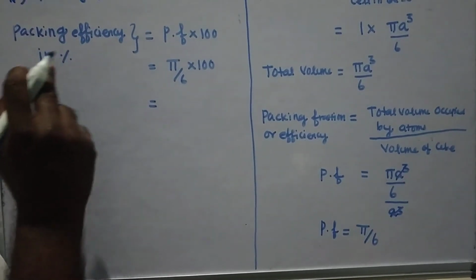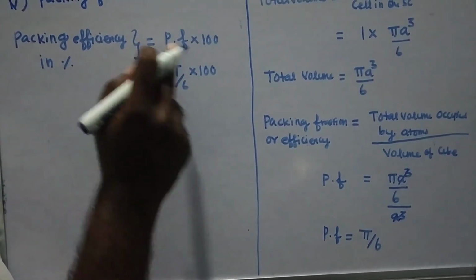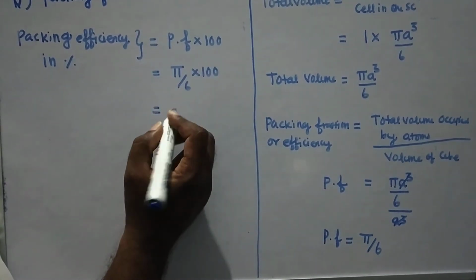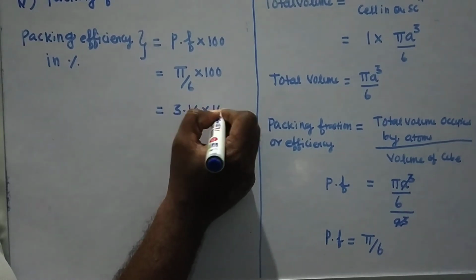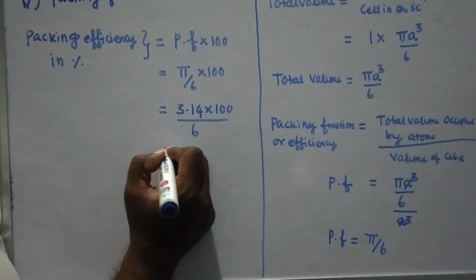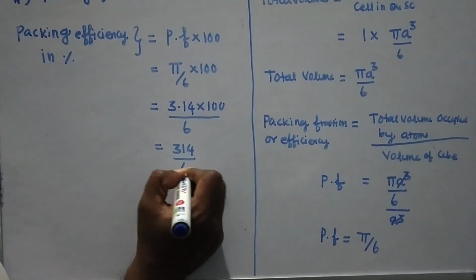Packing efficiency in percentage is equal to packing fraction into 100. Therefore packing efficiency value is equal to, we already found pi by 6 into 100. It means 3.14 into 100 divided by 6. It's equal to 314 by 6.